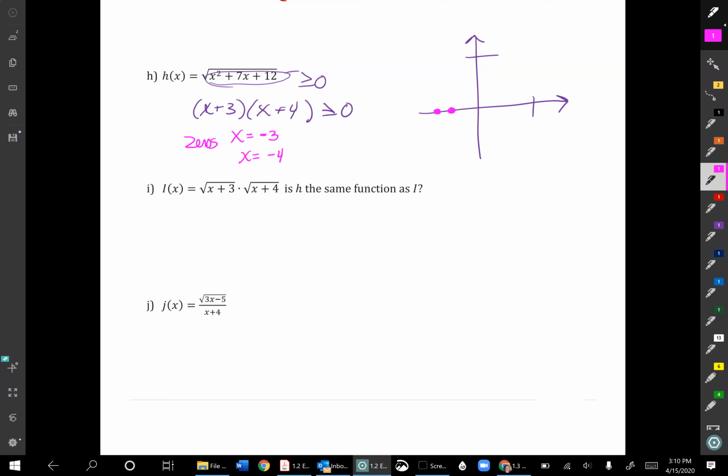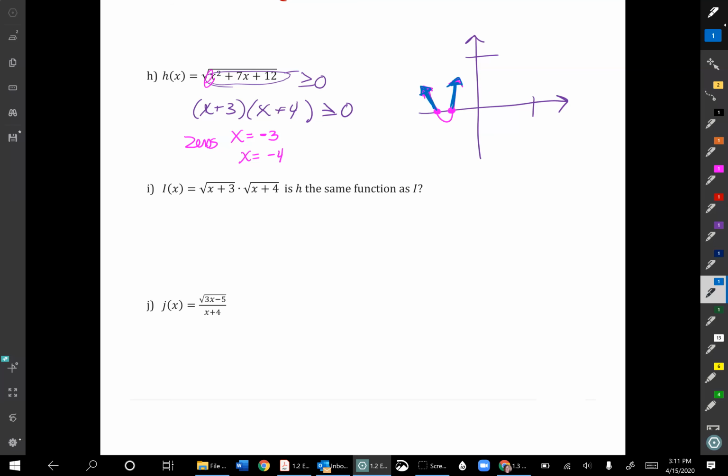So at x equals negative 3, we know the parabola is going to face up because our a is greater than 1. So we know it's going to have some kind of shape like this, right? I don't really know where the vertex is. It doesn't matter, but I can tell now what my pieces are that are positive. So right here in this section.